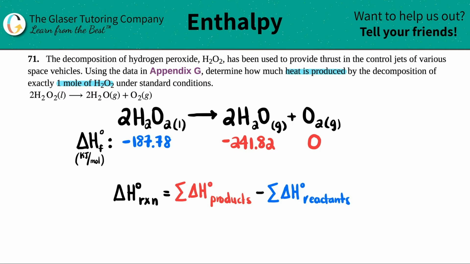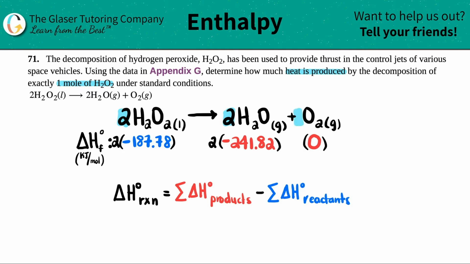Okay, so in order to do that, we take the numbers that we found in that appendix and we multiply by how many we have in our balanced equation. So for example, there were 2 H2O2s, so I'm going to times by 2 the negative 187.78. There were 2 H2O gases, so I'm going to multiply that number by 2.